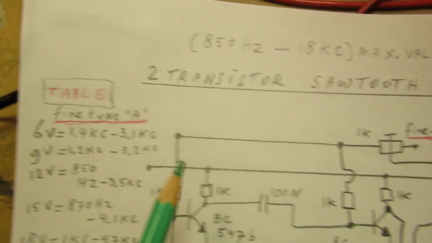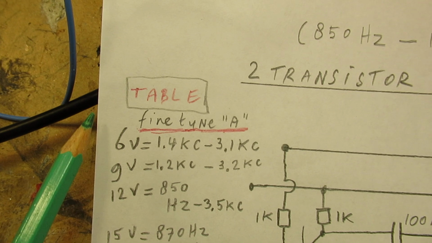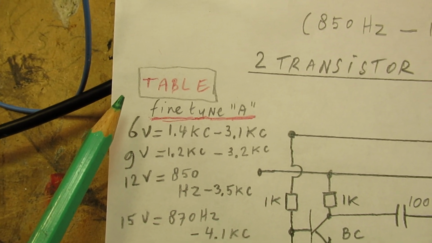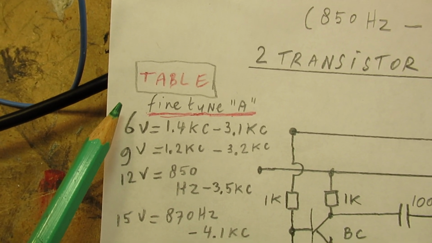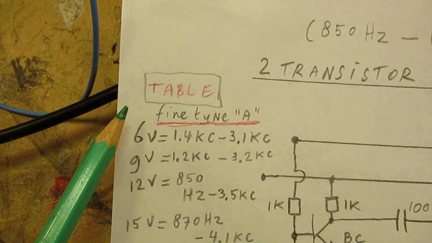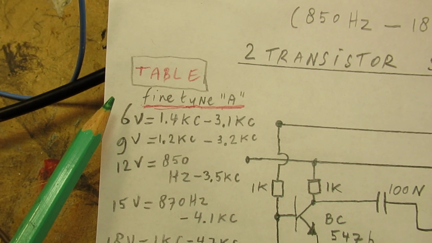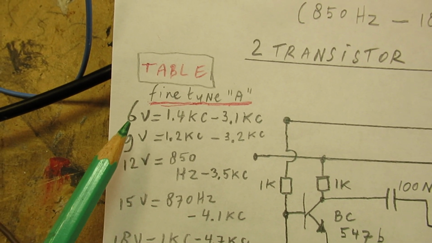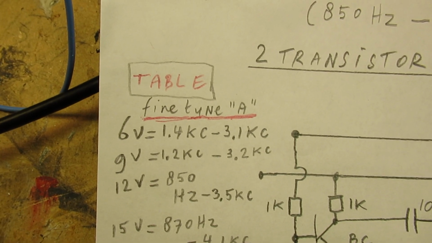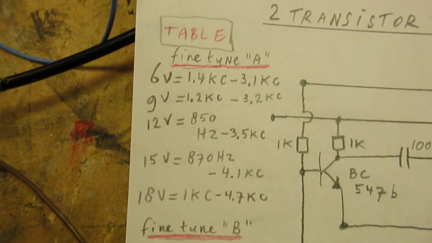When the fine-tuned potentiometer is set to a certain position, you get this frequency band, and also related to the supply voltage. Always important with astable multivibrators, that the supply voltage has an enormous effect on the frequency, and that's completely logical when we look at the electronics theory.